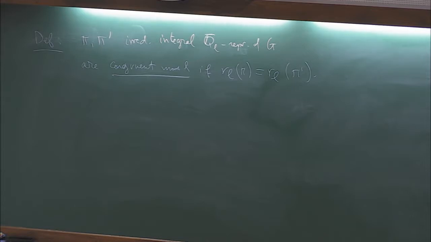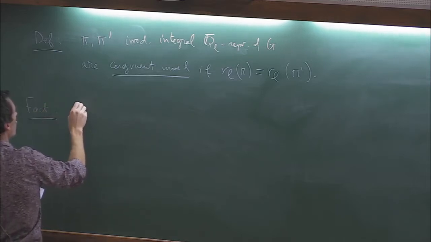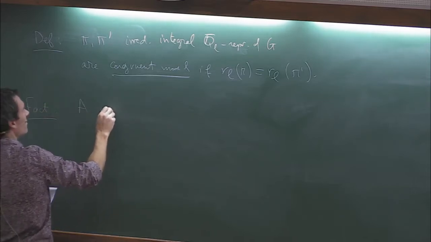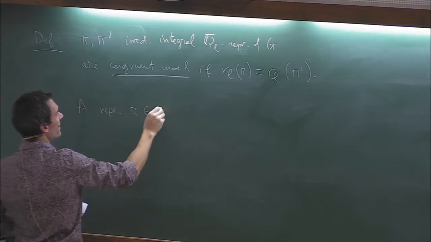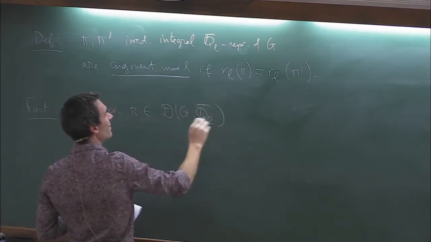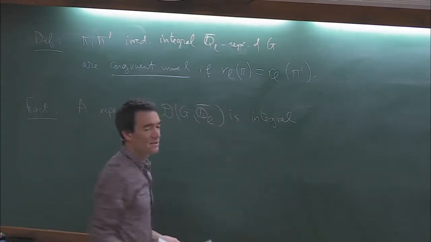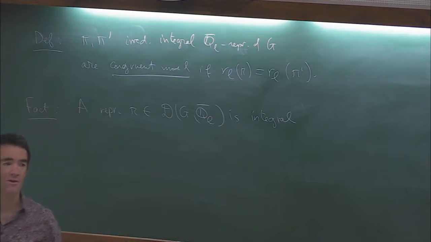More specifically, we are interested in discrete series representations, in essentially square integrable representations. So there is the following fact: a representation pi in D(G, Q_L bar) is integral. So there is a very simple integrality property for those representations.